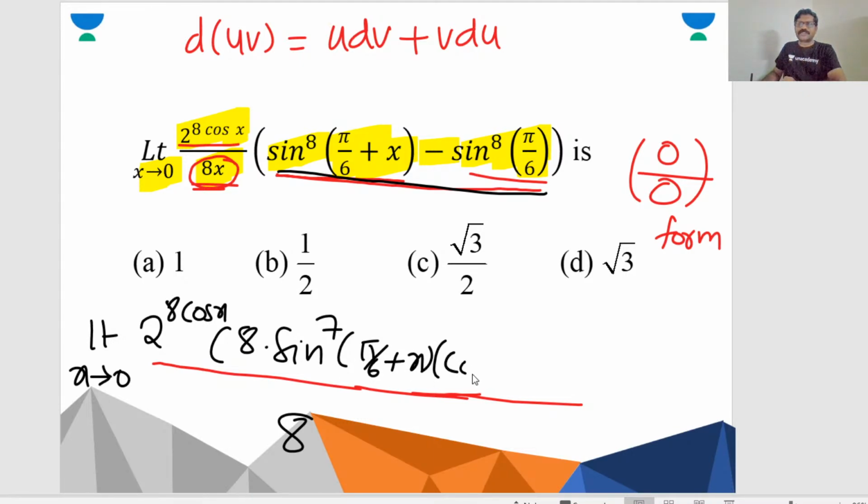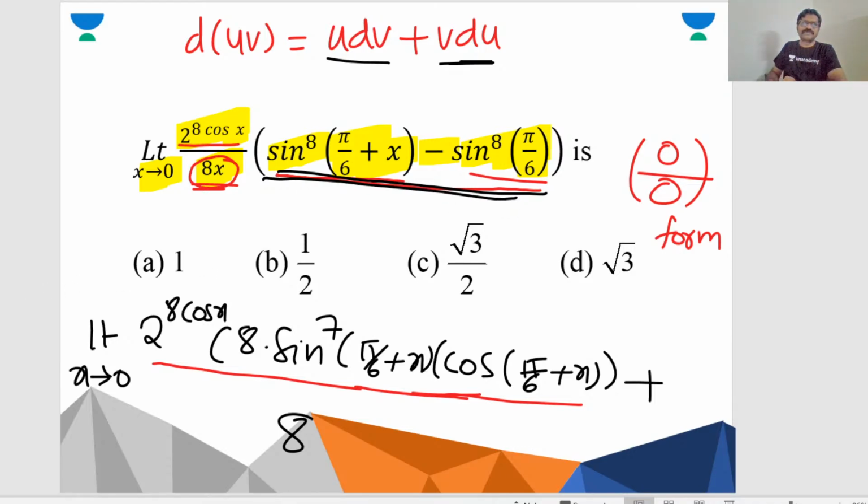Differentiation of sine pi by 6 plus x, cos pi by 6 plus x. Yeah, first term UdV we have completed. Now, plus VdU. VdU means you have to write this term.